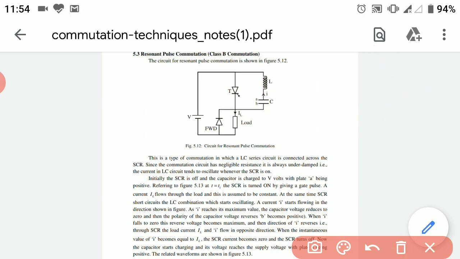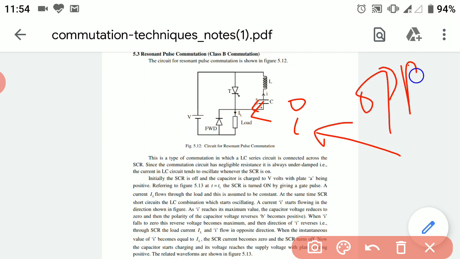the polarities of the capacitor reverse. That is, plate A is at negative potential, B is at positive potential, due to which current I changes its direction like this. Due to this direction, this current starts opposing the IL current.